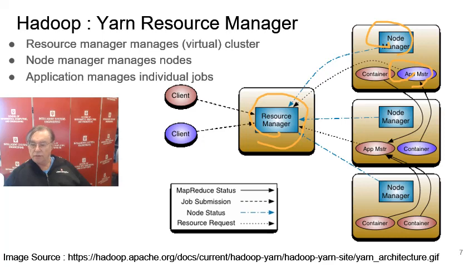We have a pink job with an application master here, and a purple job with an application master here. And they all have containers which are either on the same node or on different nodes. And so the resource manager manages this complexity. And they all send messages back and forth to keep track of what's going on.